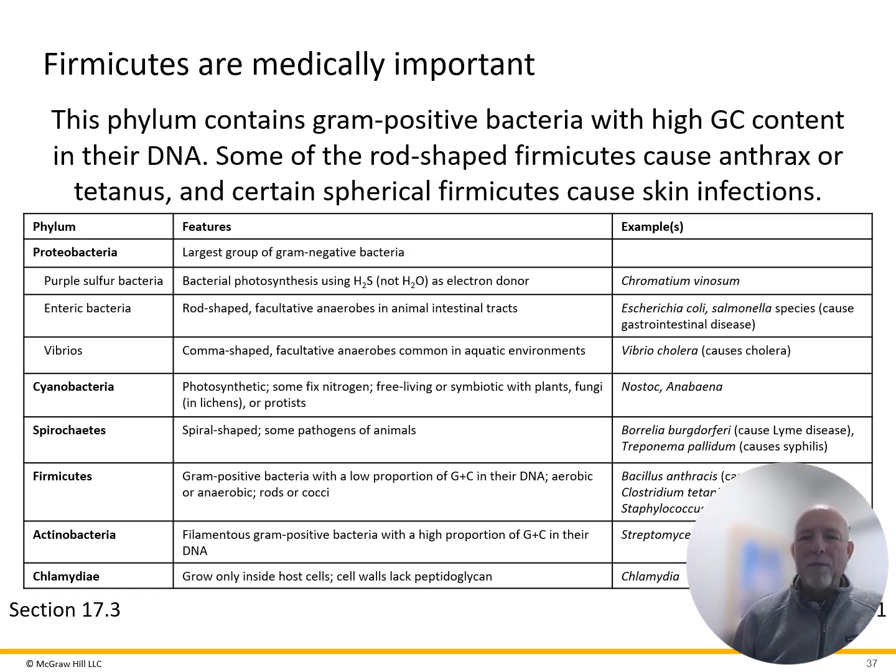Firmicutes are very medically important. This is a group of rod-shaped bacteria that cause anthrax and tetanus. Both of these are pathogenic on humans, pathogenic on many animals, and cause skin infections, especially anthrax. Tetanus, I don't have time to explain it, but you get tetanus shots.